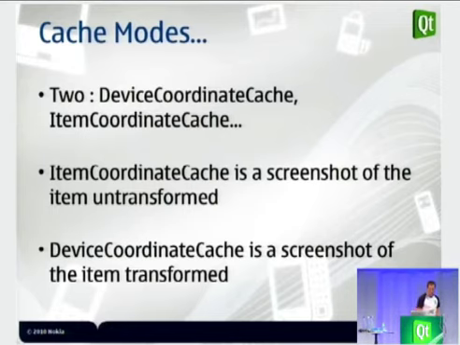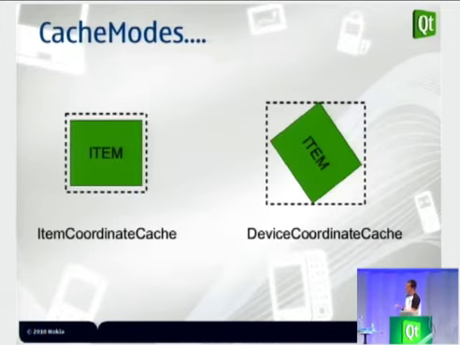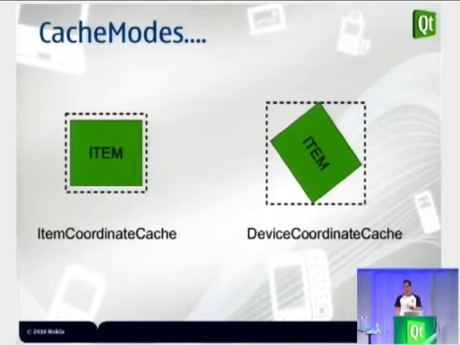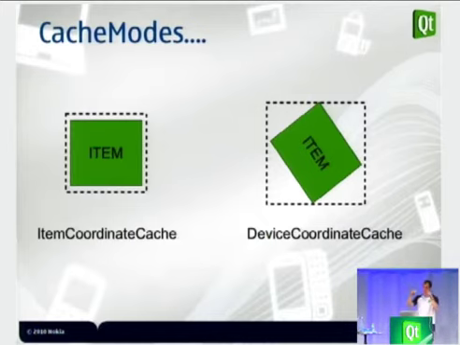To make it clear, I did a small diagram here. On the left, item coordinate cache takes a screenshot like it is. If the item was rotated, I take the screenshot and rotate the screenshot. With device coordinate cache, as you can see on the diagrams, the dotted lines are actually the pixmap that I'll get, right?